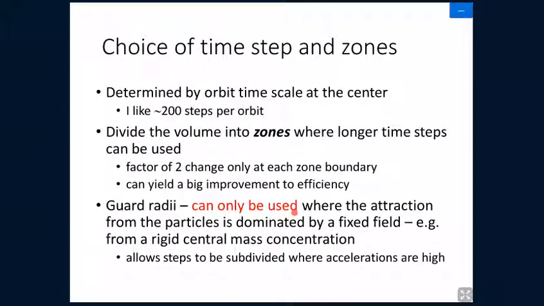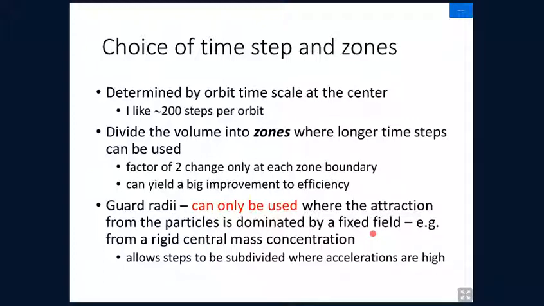That is fine if the force is dominated by the fixed field. So if you've got a dense bulge which is rigid, or a point mass, or a dense mass concentration at the center, where the force that comes from that rigid material is much greater than the self-consistent field that's coming from the particles, then it's okay to subdivide the time steps and integrate the orbit around the dense center by shorter time steps. In fact, that's a good idea.